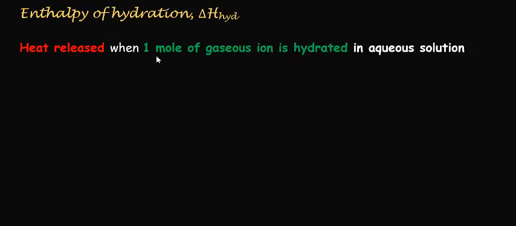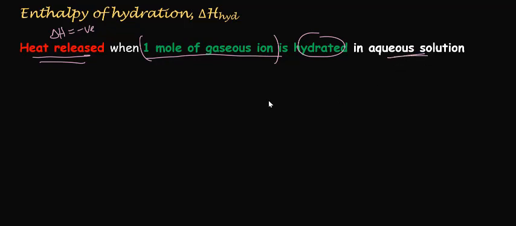For the enthalpy of hydration, heat is released, so again the delta H is a negative value, when 1 mole of gaseous ion is hydrated in aqueous solution. For example, if you have Na+ gas ion, it must be 1 mole. When you hydrate it, it will form Na+ aqueous ion.